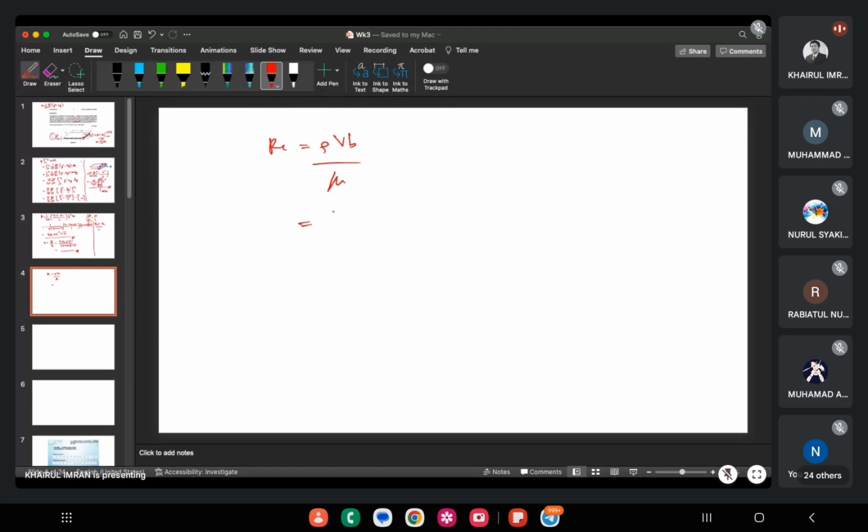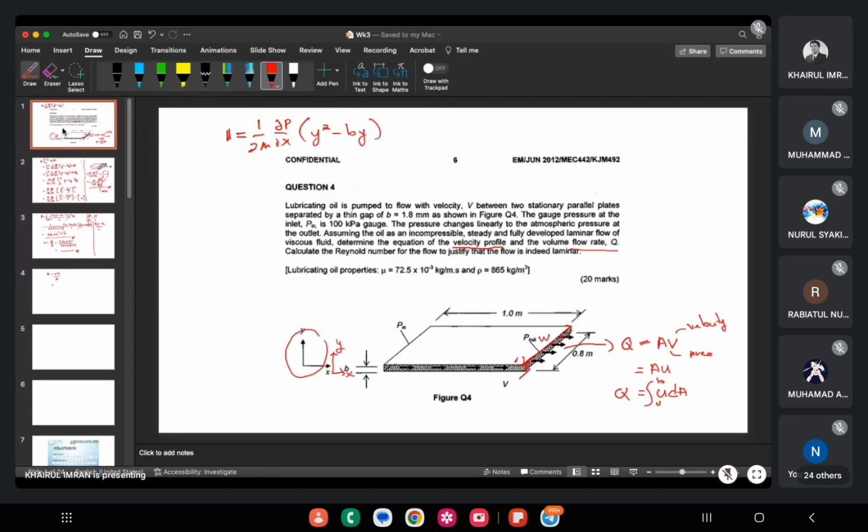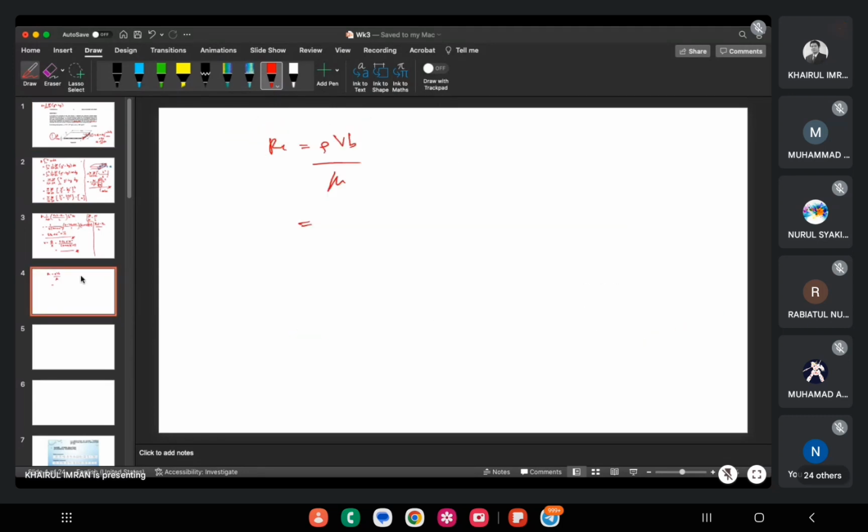Rho is given, right? What is it? 865. V after you calculate just now, and B is 0.0018.